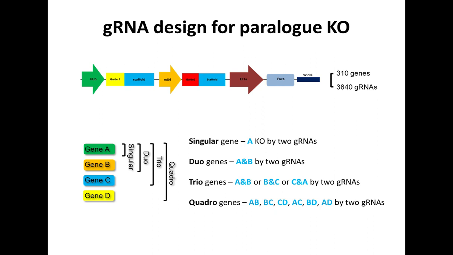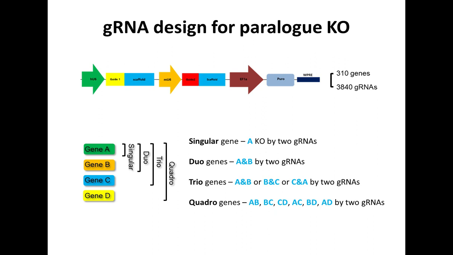And to circumvent this problem, we use this dual guide system in a way that a single gene can be attacked by 2 gRNAs, then the efficiency will be higher. For the dual genes, each of the gRNAs can attack both genes. In case of trio, we assume that one of the 3 genes might be a pseudogene, so that by attacking either AB or BC or CA, we can achieve a very nice gene knockout of the trio genes.